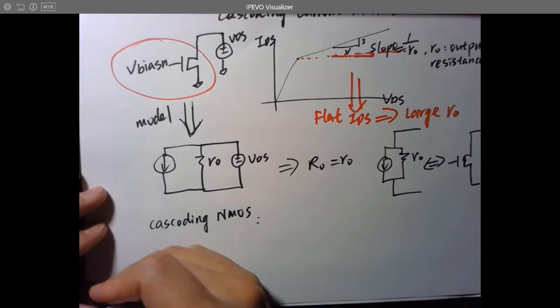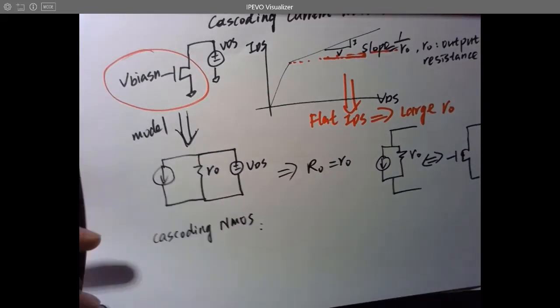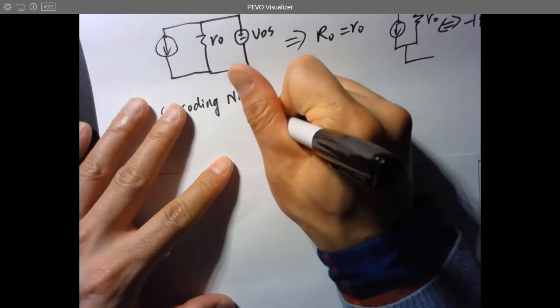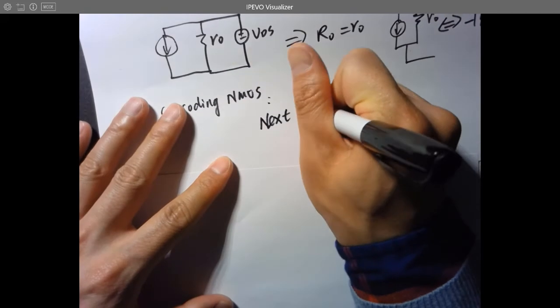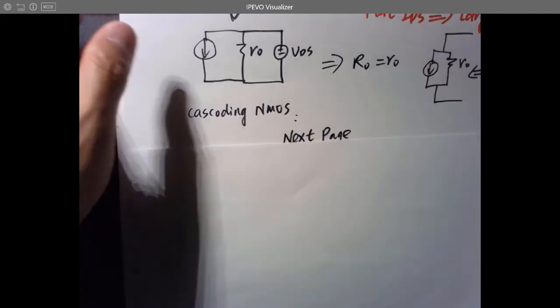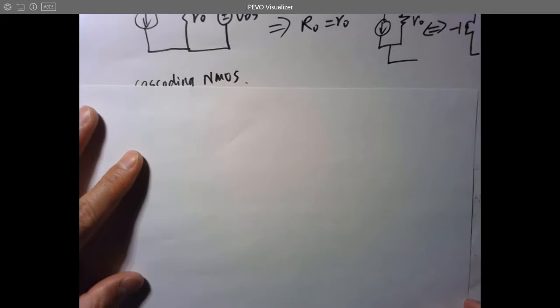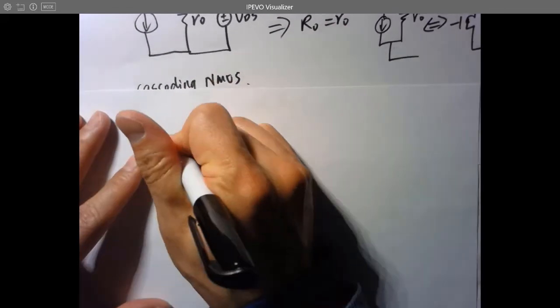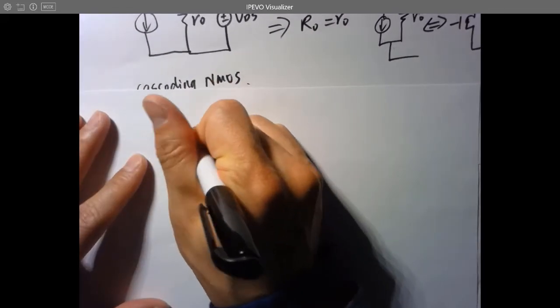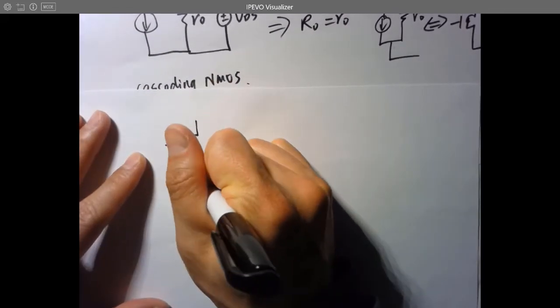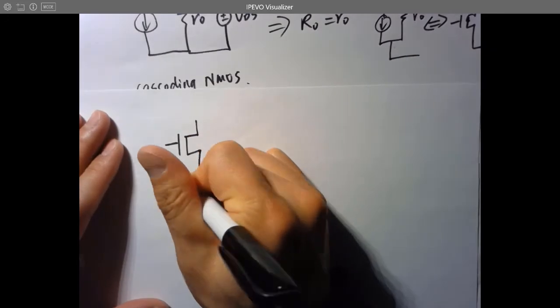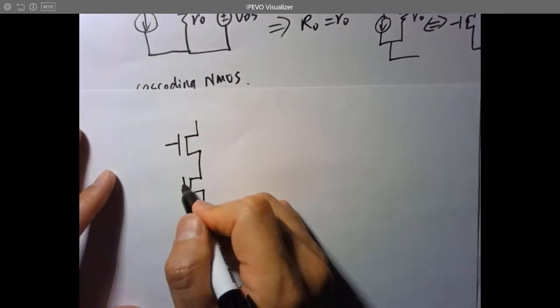Let's start from the next page since there are a lot of calculations involved. Okay, so the way to draw that is like something like this. That's how you make a cascoding NMOS.